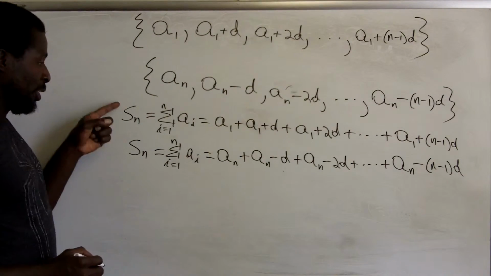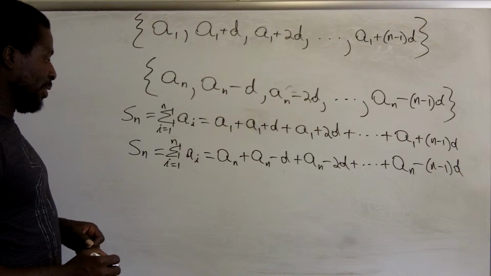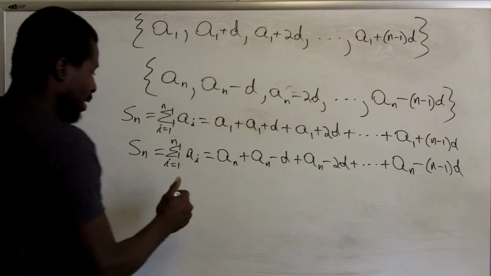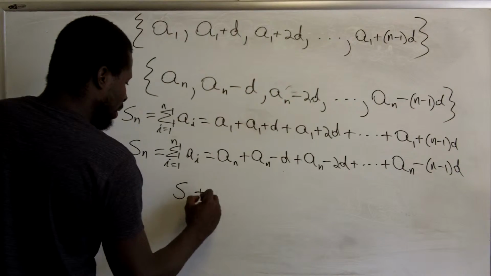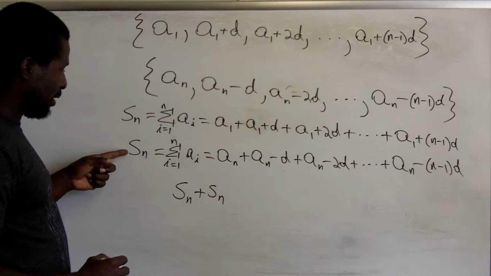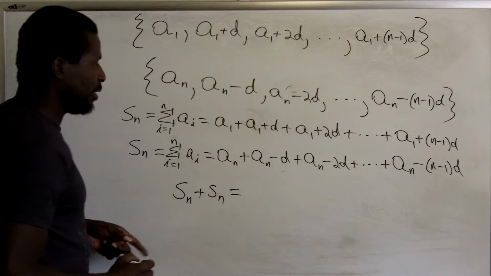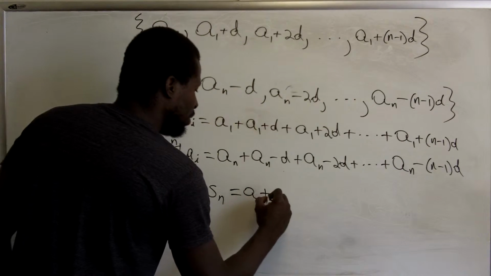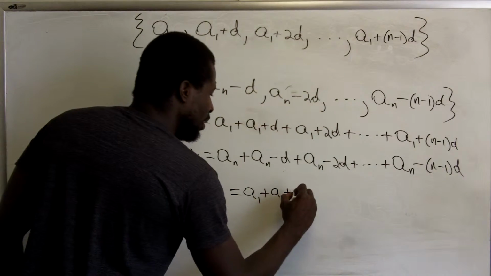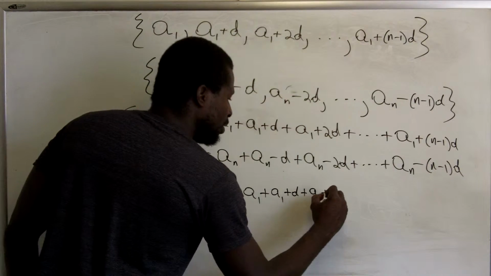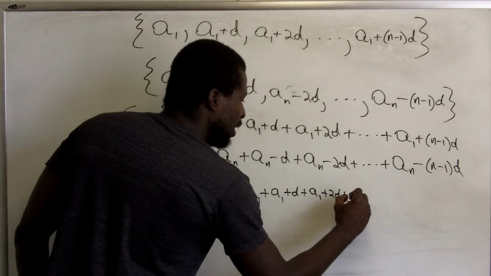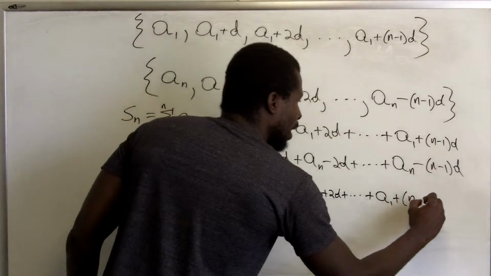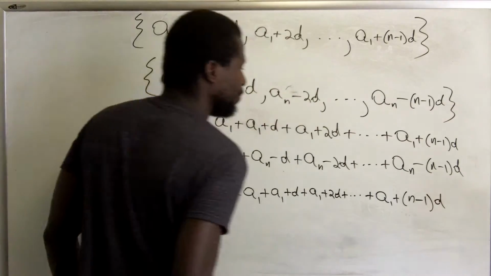So what I'm going to do is take these two rows and add them together. I'll get Sn plus Sn equals, and then I'm going to add these two representations. So it's going to be a1 plus a1 plus d plus a1 plus 2d plus dot dot dot plus a1 plus (n minus 1)d.